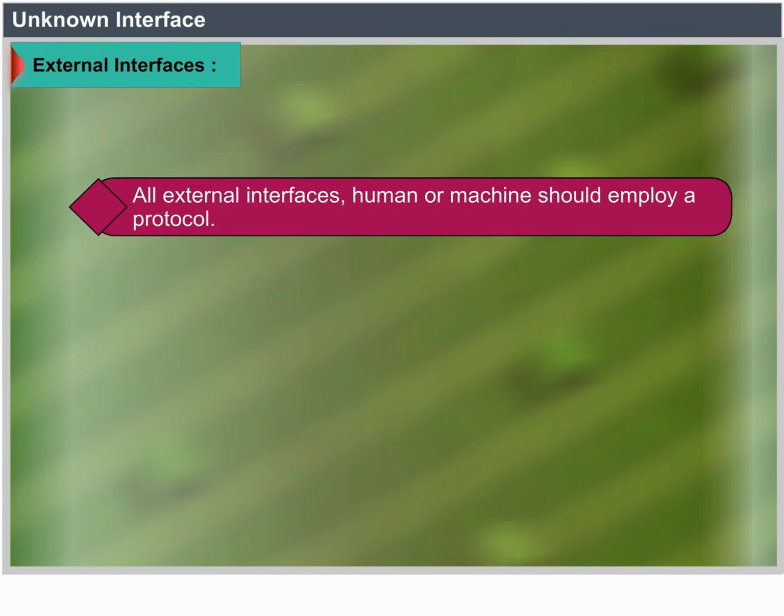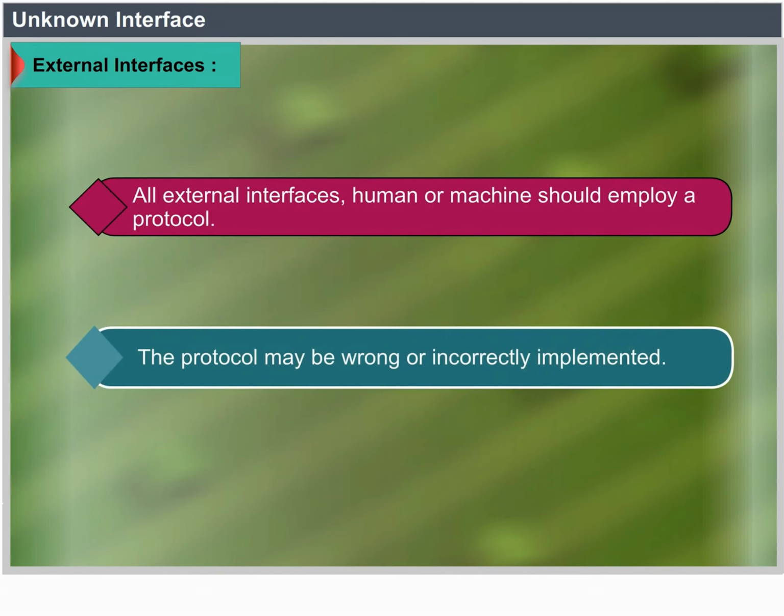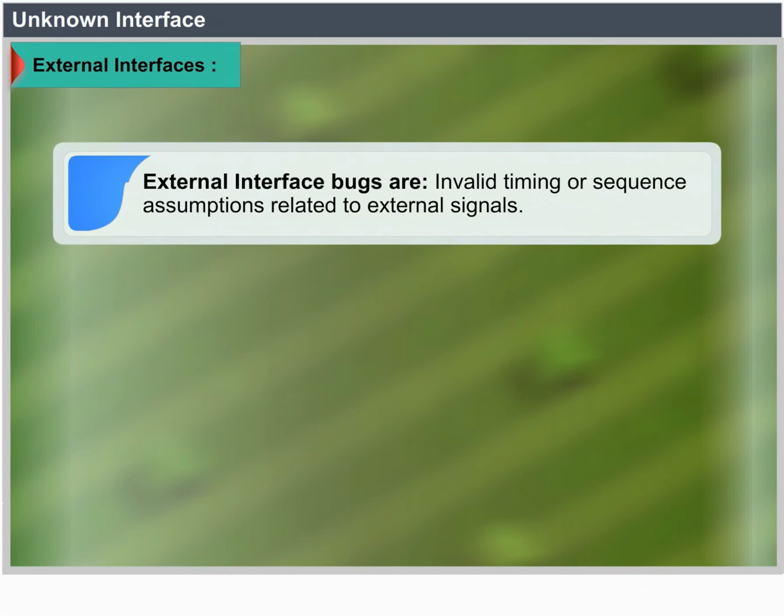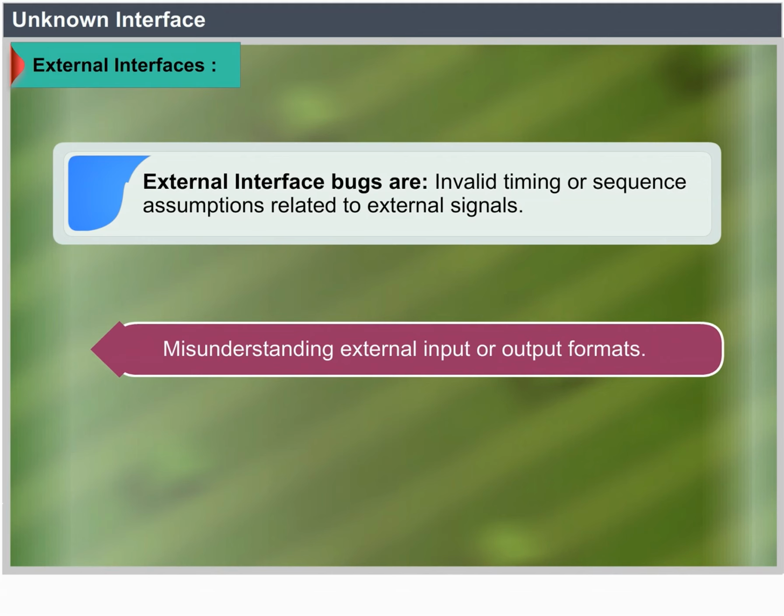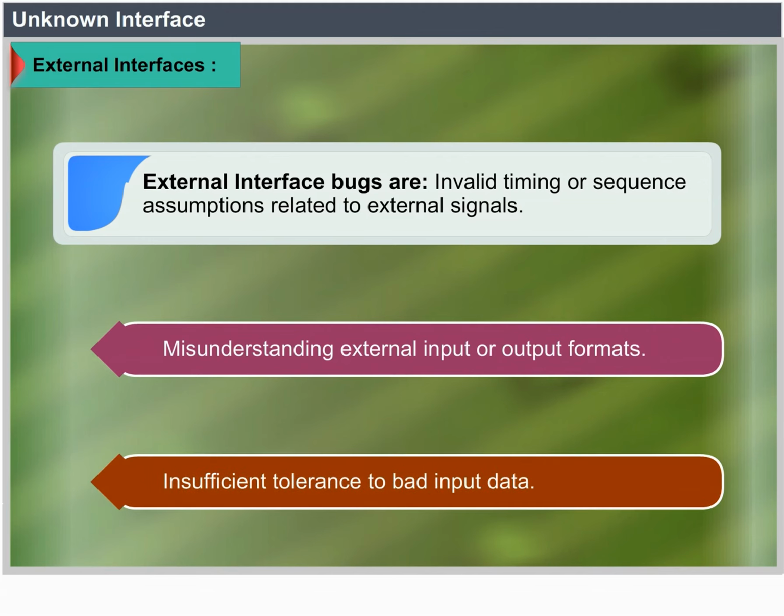All external interfaces, human or machine, should employ a protocol. The protocol may be wrong or incorrectly implemented. External interface bugs are invalid timing or sequence assumptions related to external signals, misunderstanding external input or output formats, insufficient tolerance to bad input data.